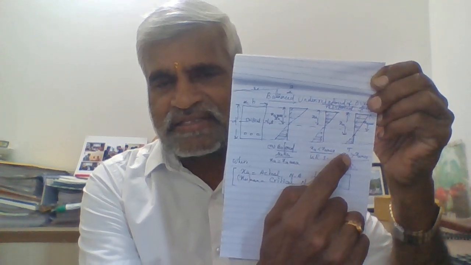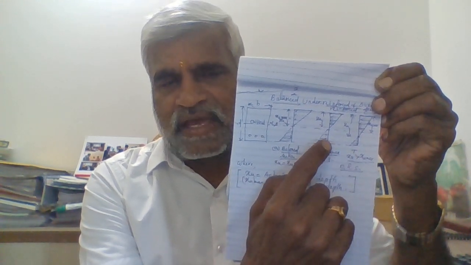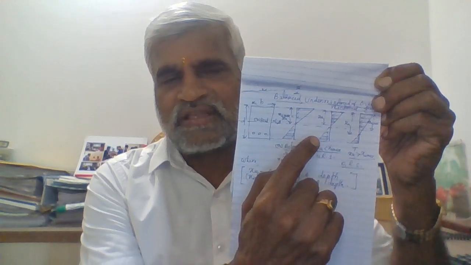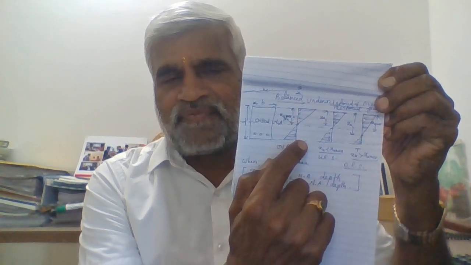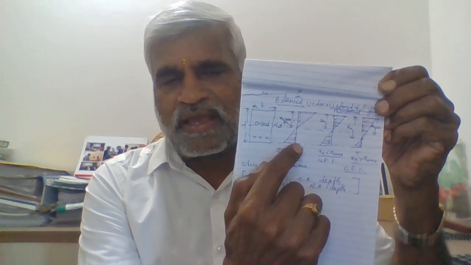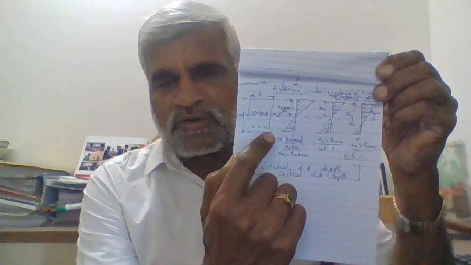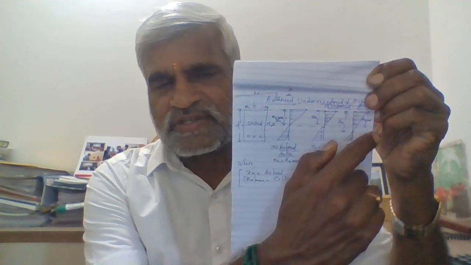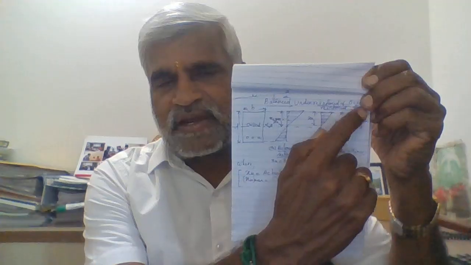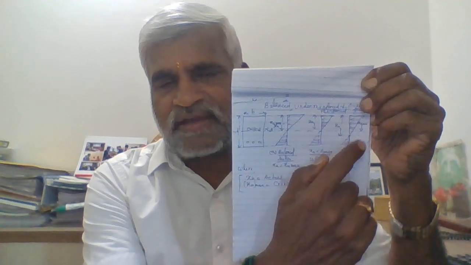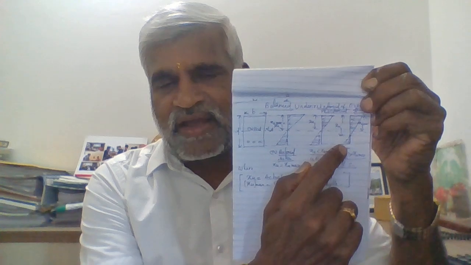So normally, if you are designing the beam in RCC using the working stress method, you can design as an under reinforced section, that is the most economical one, or you can design as a balanced section, but you should not design as an over reinforced section. The concrete will not give enough time to rectify the mistake or error, so it is a sudden failure.